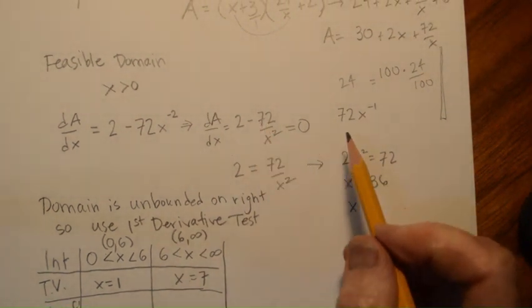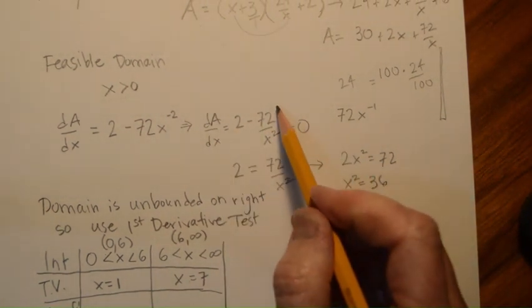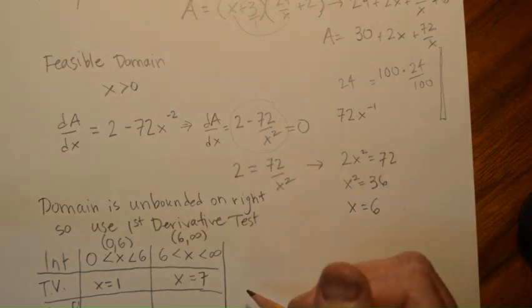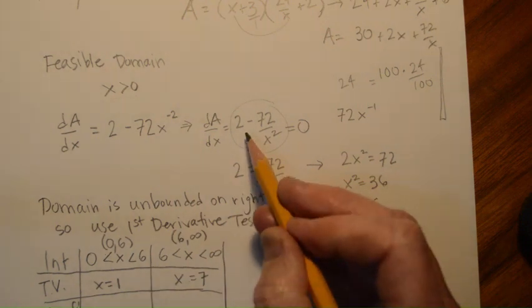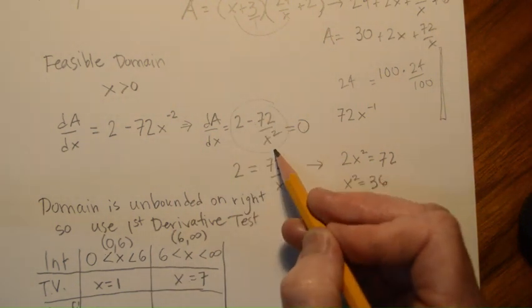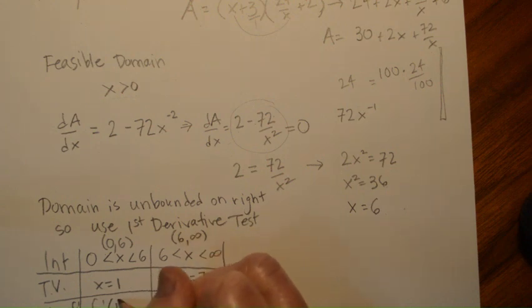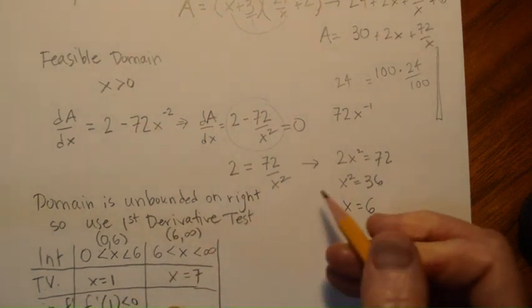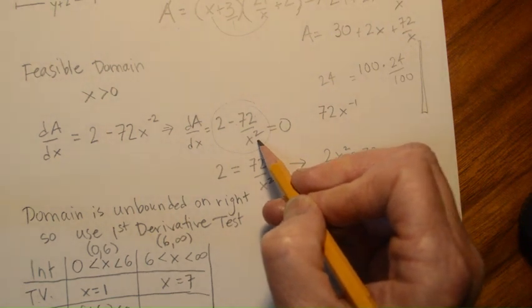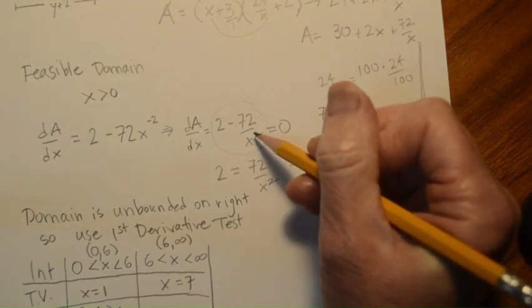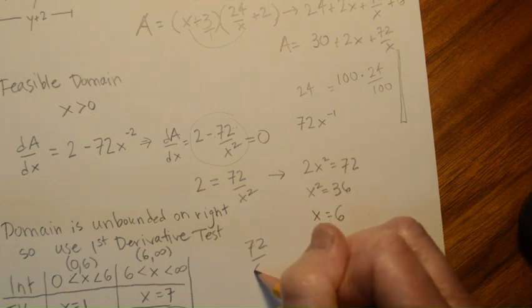So again, here we are. We can use this right here, which is what we got. So if I plug in 1 here, I'm going to get 2 minus 72, which is definitely going to be negative. And then if I plug in 7, 7 squared would be 49. 72 over 49 is not 2 because, all right, let me write this down. 72 over 49.